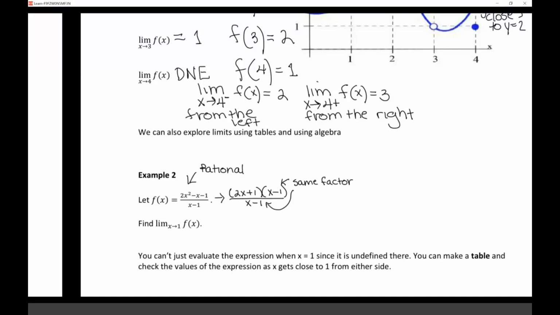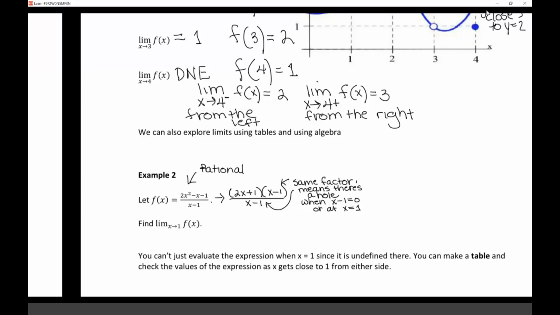But the same factor means there's a hole when x minus 1 equals 0, or at x equals 1. So essentially, what this is telling you, the matching factor in the numerator and denominator, is this function has a hole in it.